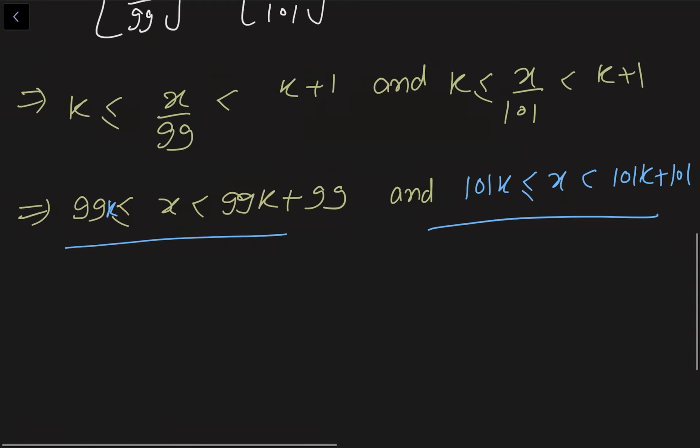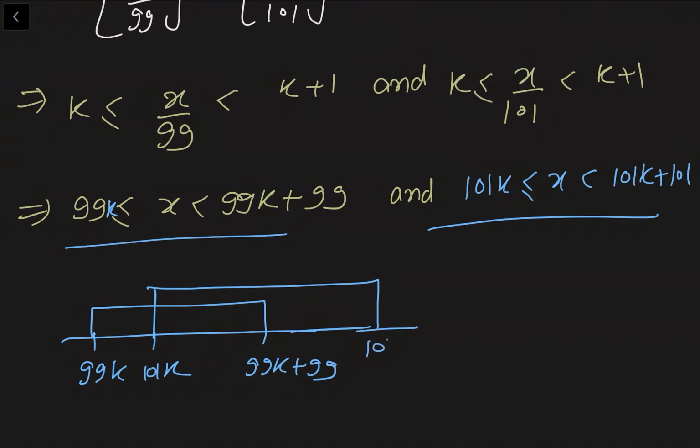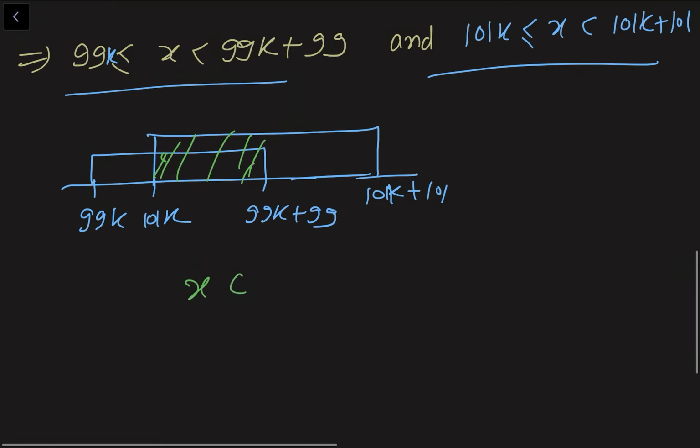Here I have the interval 99k to 99k plus 99, and here 101k to 101k plus 101. The common values: x belongs to 101k to 99k plus 99.